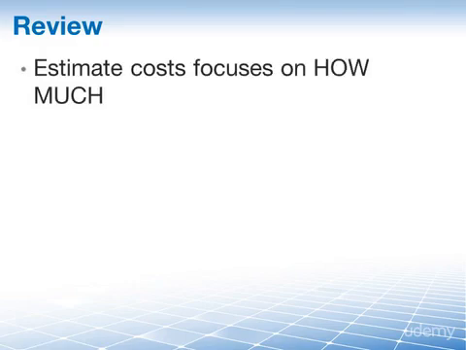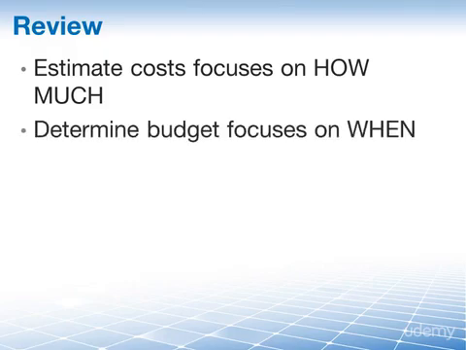Let's review. The difference between Estimate Costs and Determine Budget is that in Estimate Costs, you are focusing on the how much. How much does an activity cost? In Determine Budget, you are focusing on the when. When will we need the money made available? Or better, we are creating a budget that tells us when we will have to have these particular funds available.